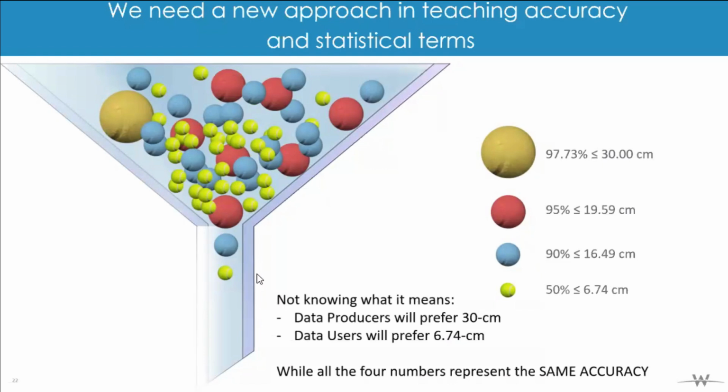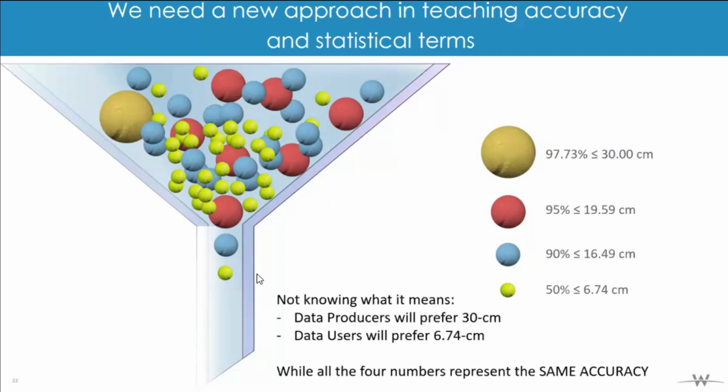If I present you with 30 centimeter, 19 centimeter, 16 centimeter, or 6 centimeter, data producers, if they don't know what it means, will jump to the 30 centimeter because they think this leaves a lot of leeway for them, a loose accuracy, 30 centimeter.